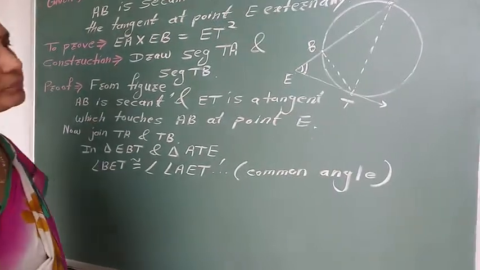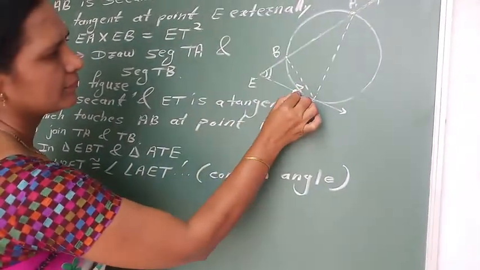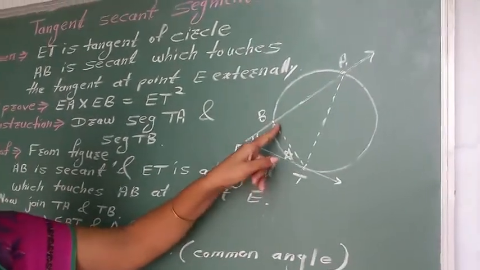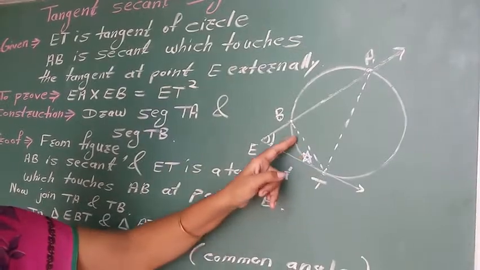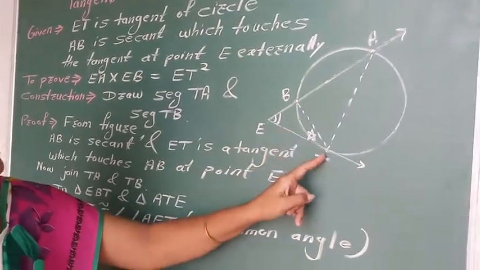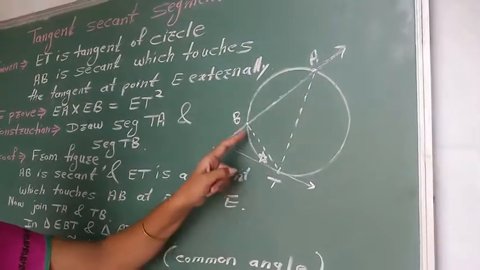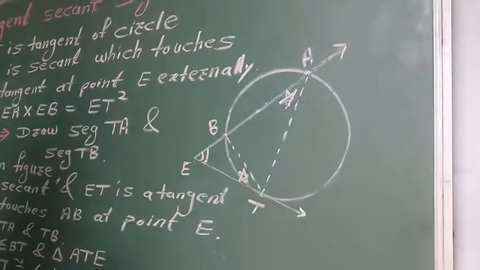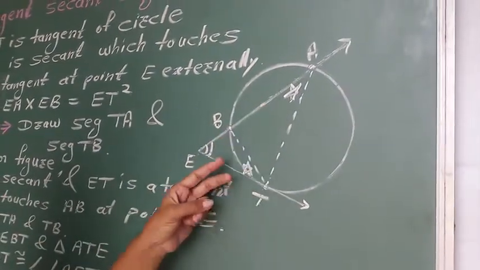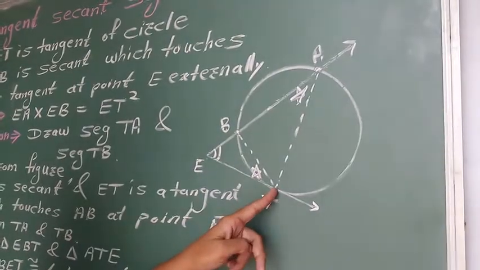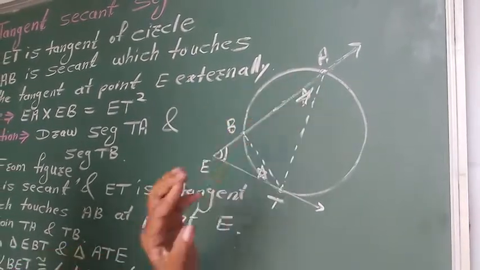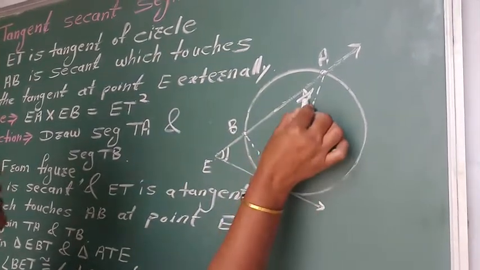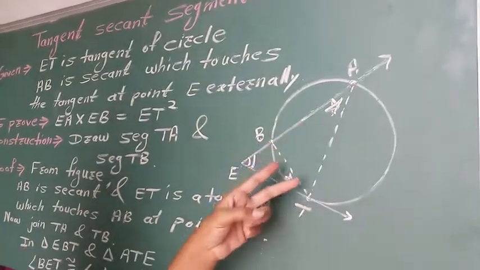Now again see this angle ETB. It lies on arc EB, and by the tangent secant theorem it is half of arc BT. Also this angle A is inscribed in arc BT, so it is also half of arc BT, and these two angles are congruent because they lie on the same arc.